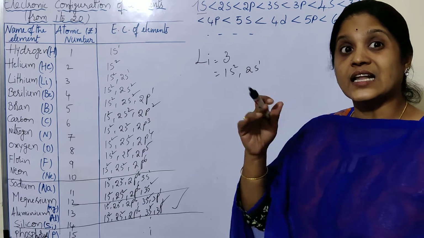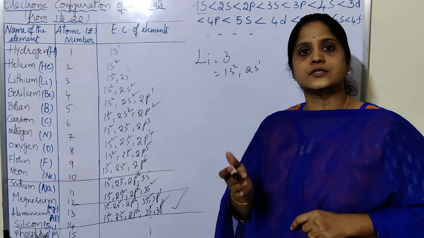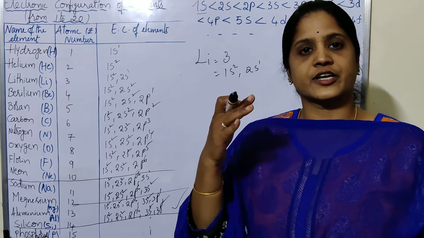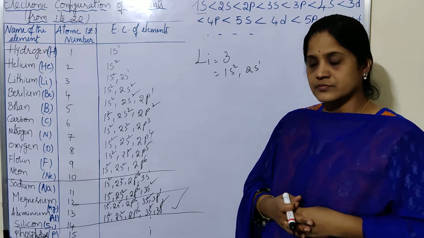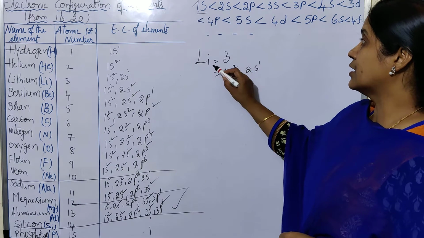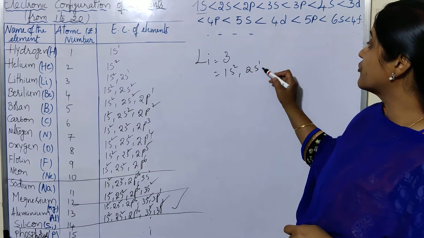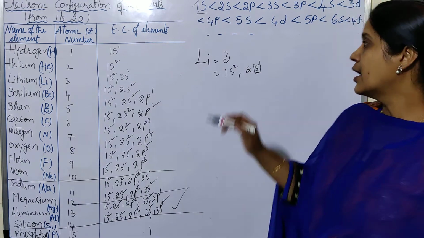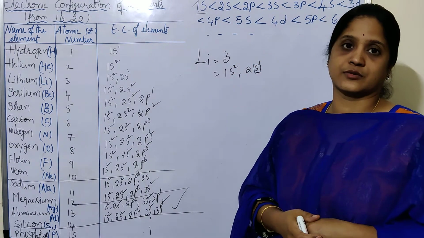Out of 3, the orbital the last electron enters is known as the differentiating electron. So here the differentiating electron enters which orbital? S orbital. They may ask you in bits also.